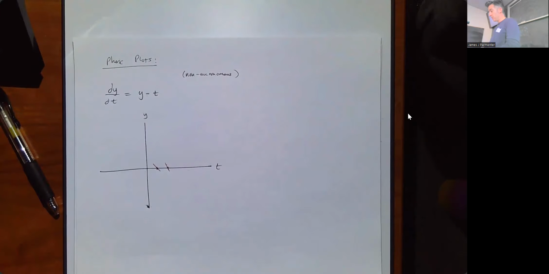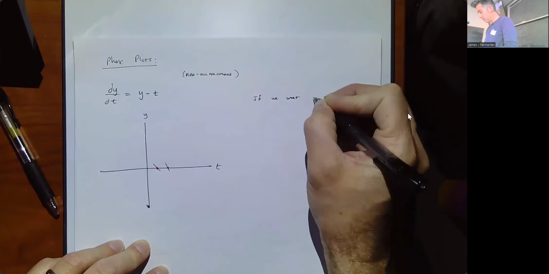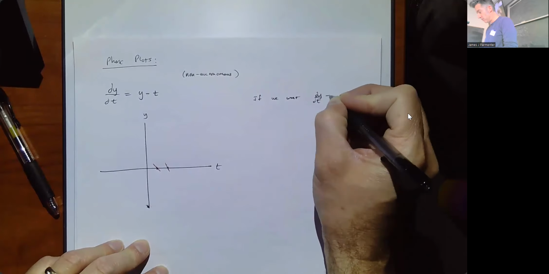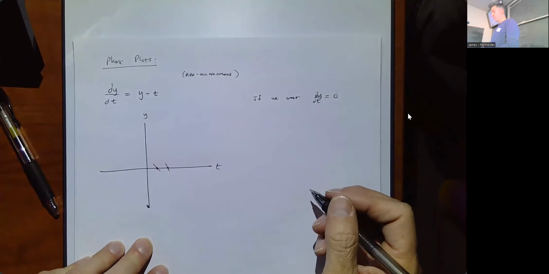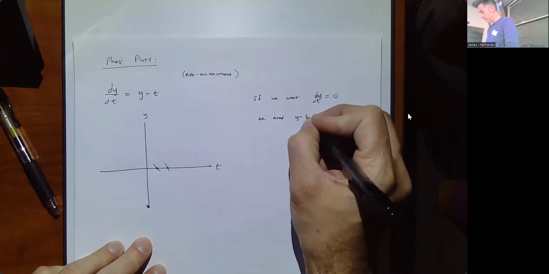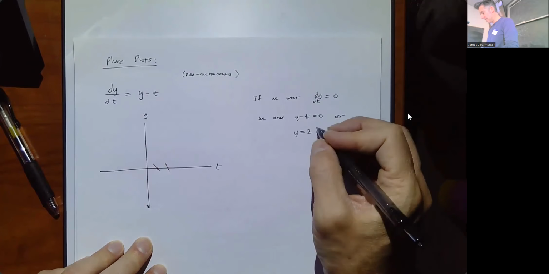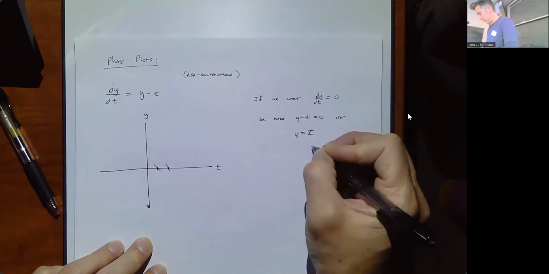So for example, if we want dy dt to equal 0, we need y minus t to equal 0, or y equal to t.